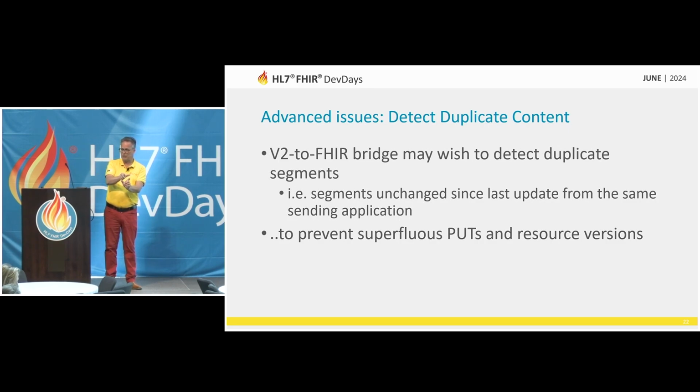If it was the same string, we're not going to do anything. We're just going to skip the segment. And that saves a lot of messaging. And remember, if you use a FHIR server-based CDR, then it may be versioned. So if you send the patient again and again, you create 10,000 versions of one patient resource on your CDR. It still counts to your database size, right? So be careful.